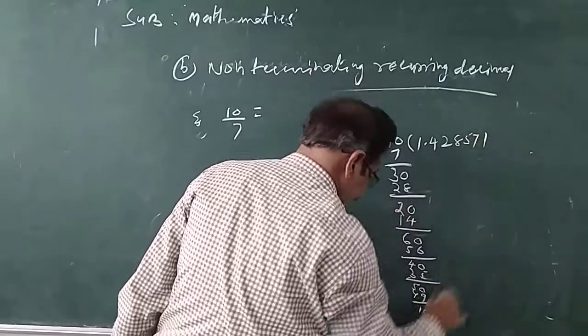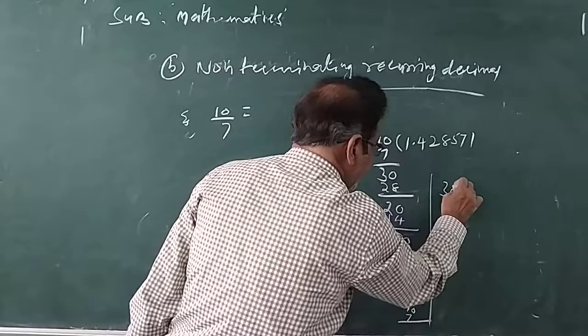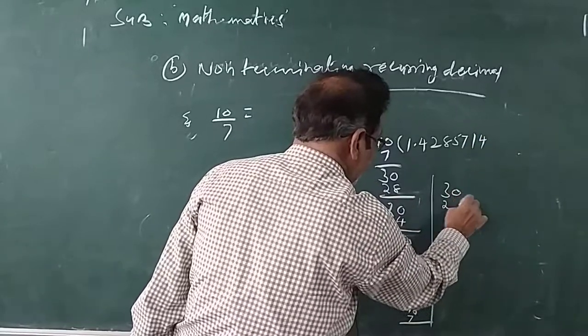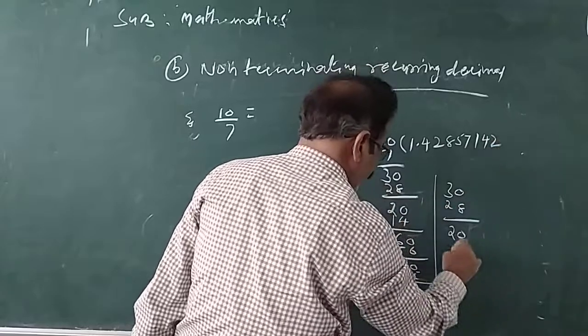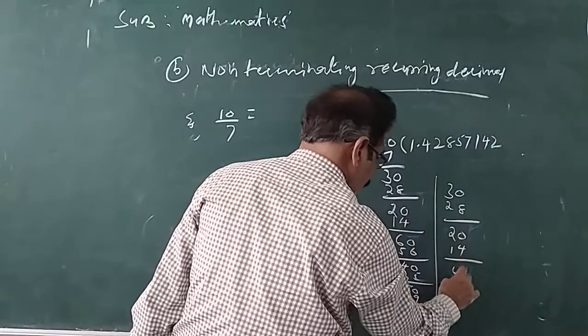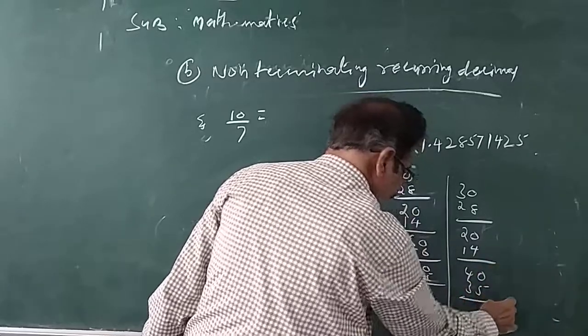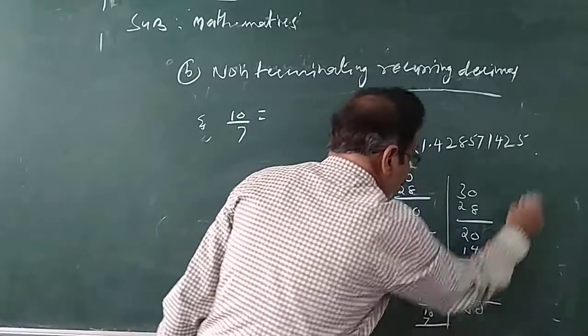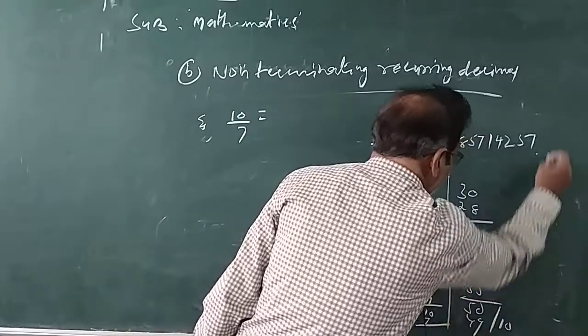7 ones are 7. 10 minus 7 is 3. 0. 7 fours are 28. Remainder 2. 7 twos are 14. Remainder 4. 0. 7 fives are 35. Remainder 5. 0. 7 sevens are 49. Remainder 1. 0.